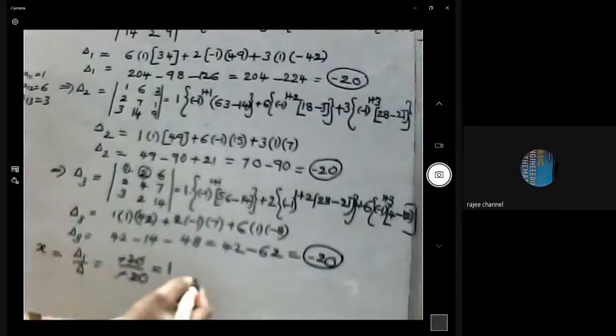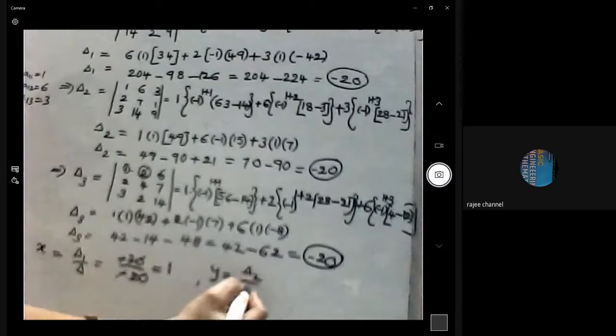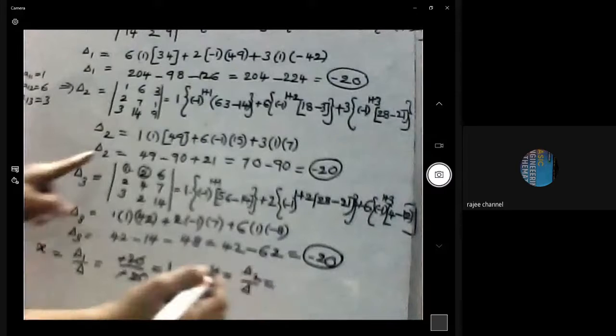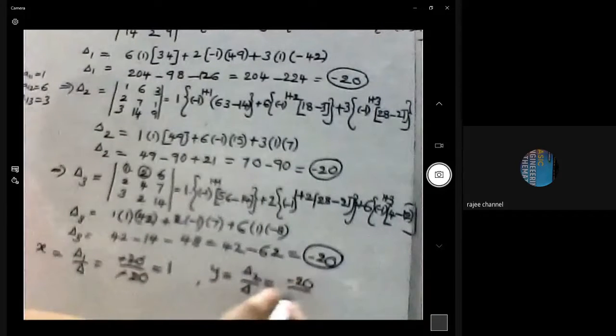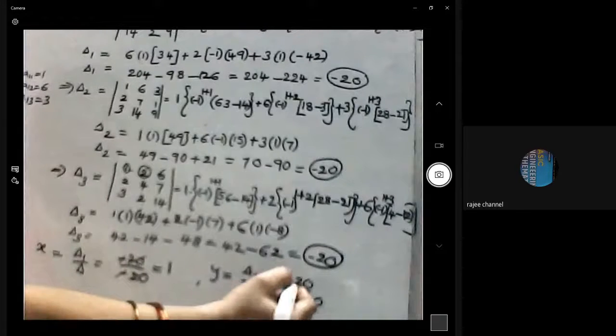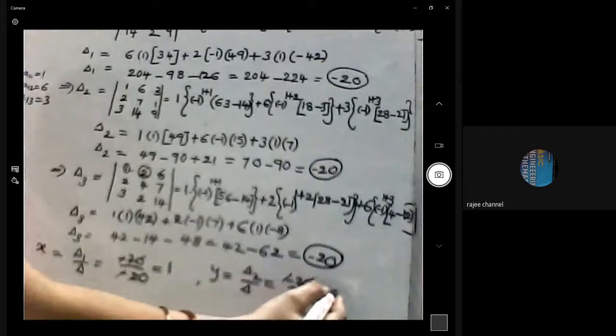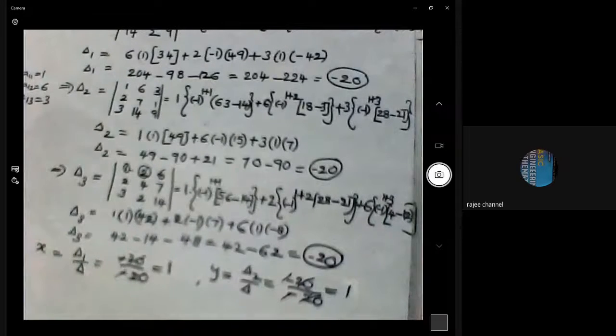Next y value. Y equal delta 2 by delta. Here delta 2 equal minus 20, my delta value is also minus 20. So minus minus cancel, 20 cancel. We get plus 1.